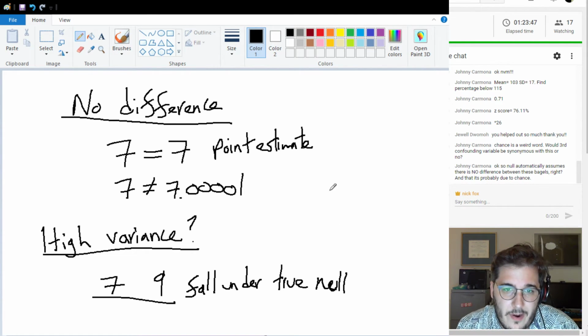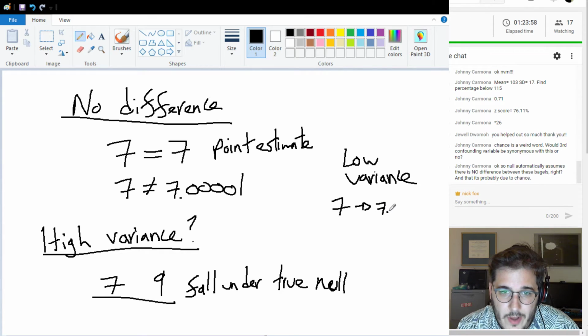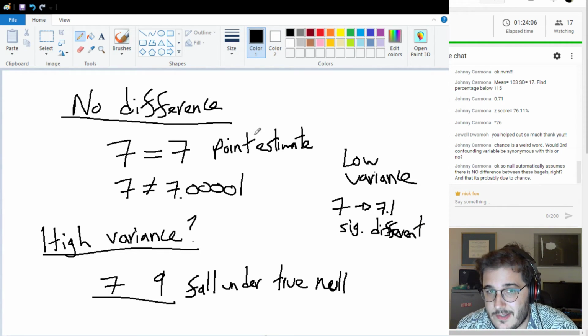But if you have low variance, then 7 to 7.1 might be significantly different. When you have very low variance, the mean difference doesn't have to be very big. If you have high variance, you need it to be big because you have to really pull those means apart in order to find a difference.